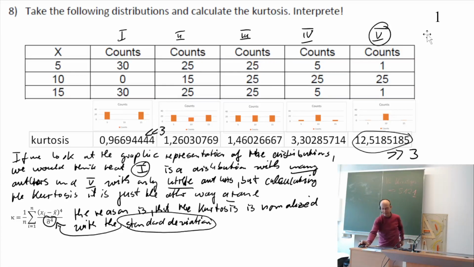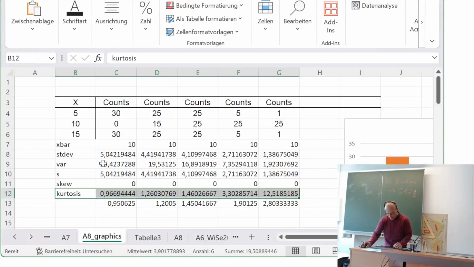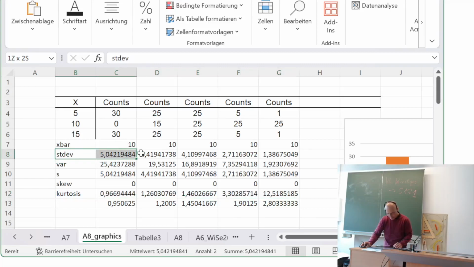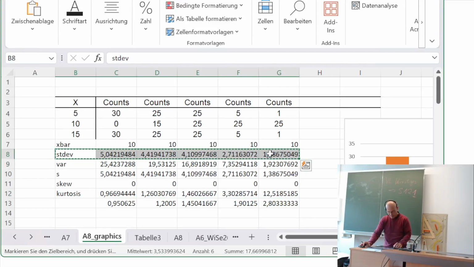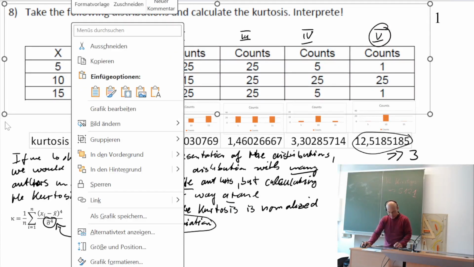Well, and now if we look at distribution number 5, we see that we have a really, really narrow distribution. So the standard deviation of this distribution number 5, I think I also calculated it. Here, the standard deviation. Let's put this also in here.